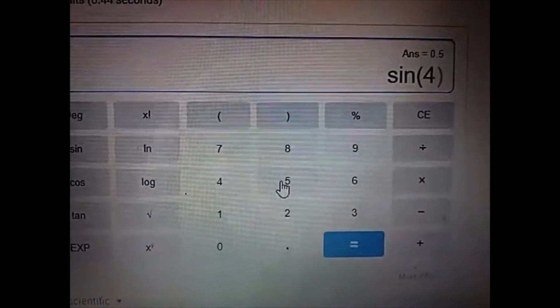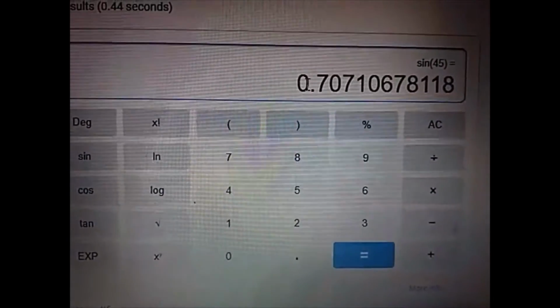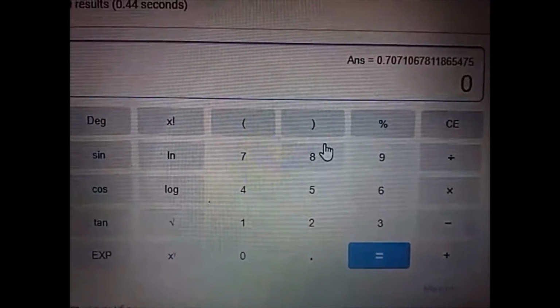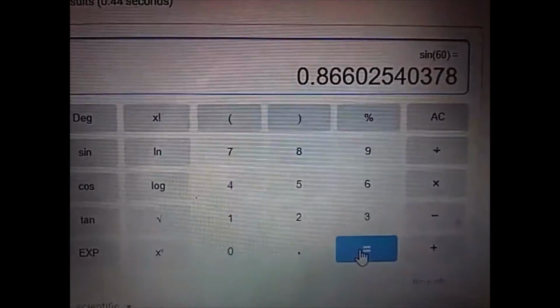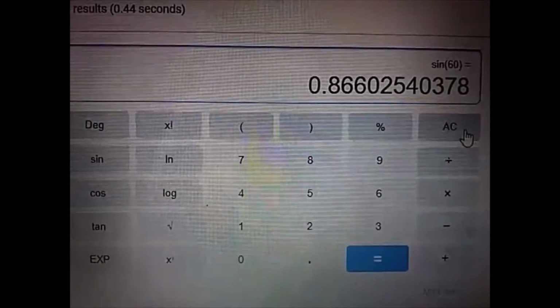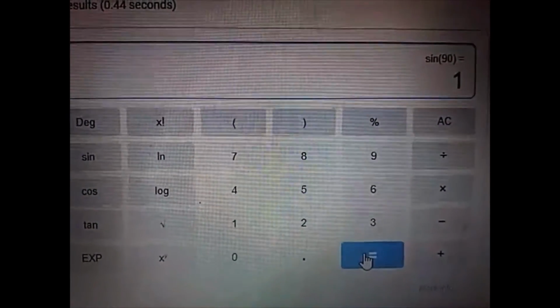The sine of 45 degrees is this number, which is the square root of 2 divided by 2. And the sine of 60 degrees is this number, which is the square root of 3 divided by 2. Now the sine of 90 equals 1, because that is the highest it can go.